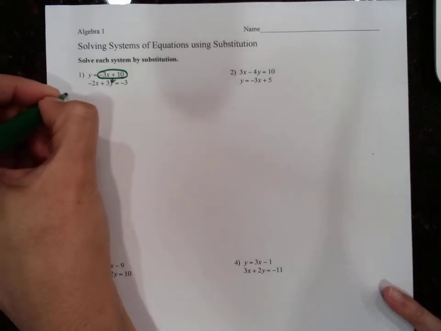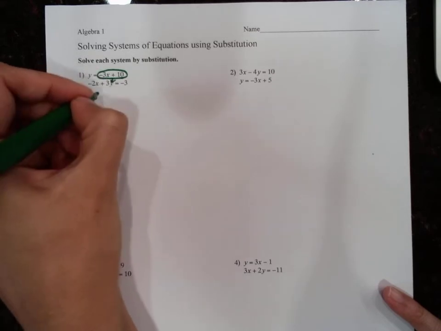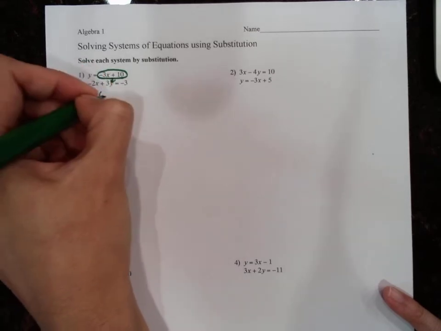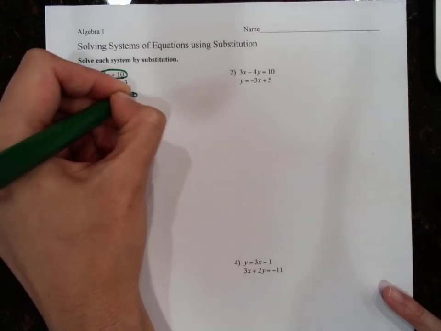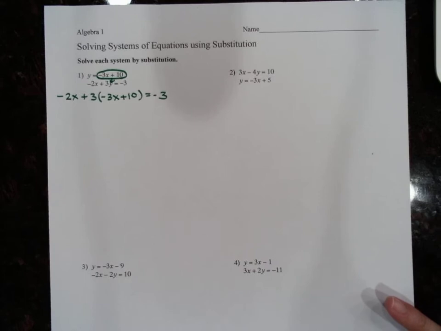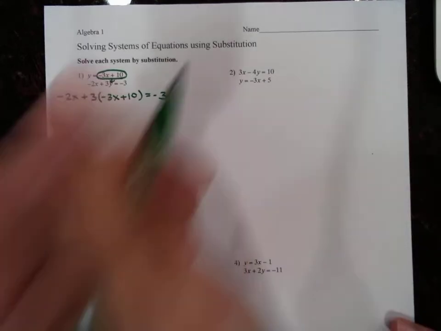So we have negative 2x plus 3 times y, but we know what y is. Y is negative 3x plus 10. And that's going to equal negative 3. This one is awfully similar to the one in our notes. Let's go ahead and do number 2.